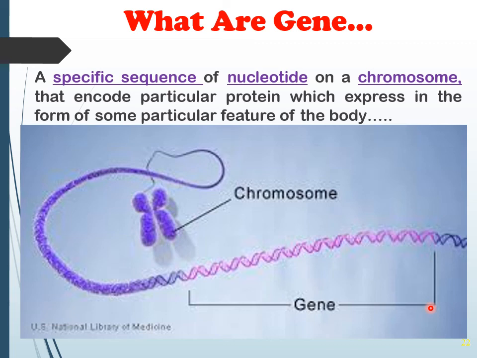We will check which genes are present in the parent as well as in the daughter or son. This gene is also useful to identify genetic diseases, and we can treat those genetic diseases based on gene therapy.